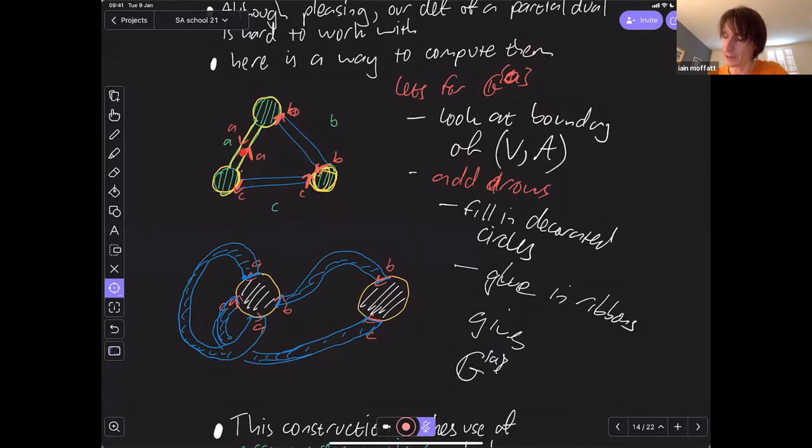For the edges that are in, you're going to have pairs of arrows here, and if they're out, you're going to have pairs of arrows here. And then with this collection of circles with arrows, you can obtain a ribbon graph by filling in the holes and gluing in the ribbons to the arrows.